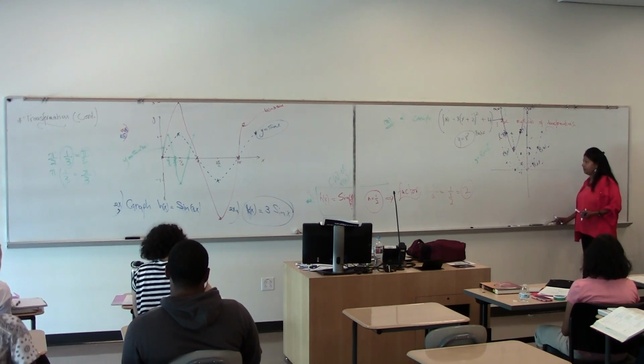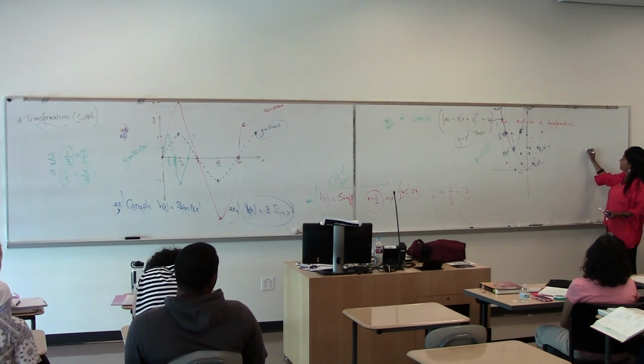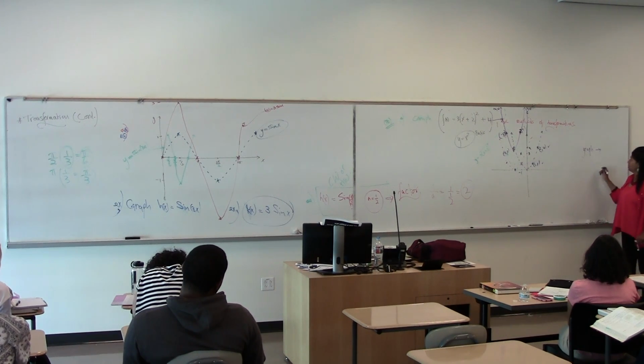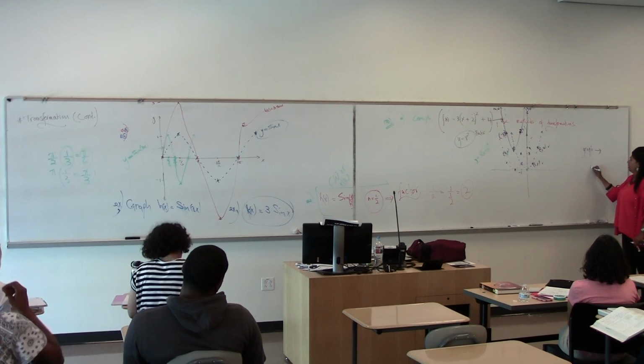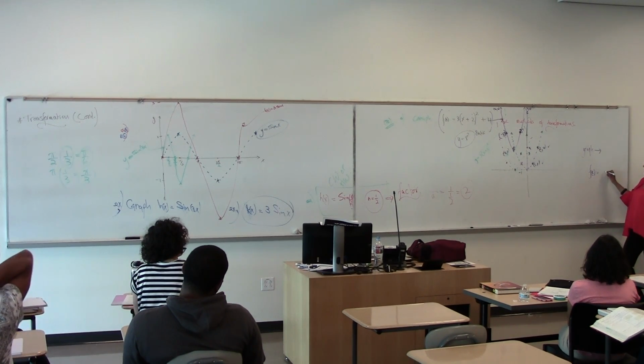Is everybody okay? So on the test you might get something like this graph. I'm going to make this very simple, very similar to this. So what's the example I can give you guys? f of x is equal to what? Can I use absolute value of x?